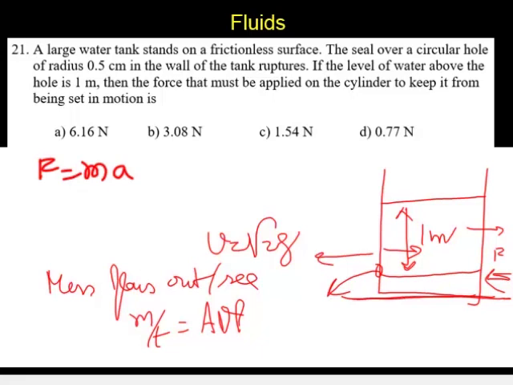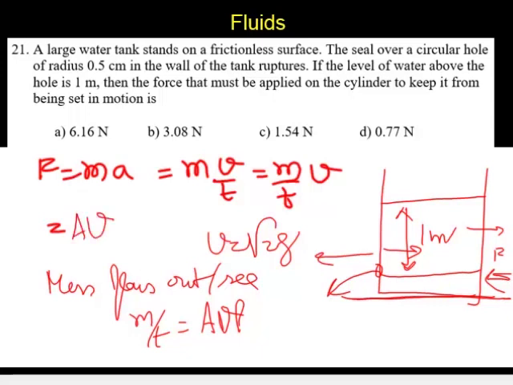Because force is equal to mass into acceleration, or we can say m into v by t, or m by t into v. So what is m by t now? m by t is A v rho, into v, which is given as root of 2g.